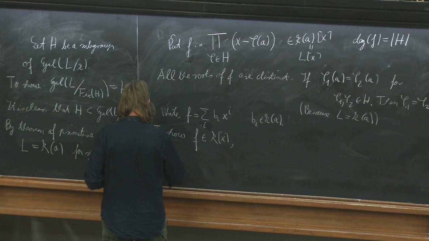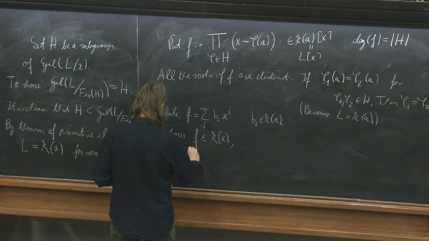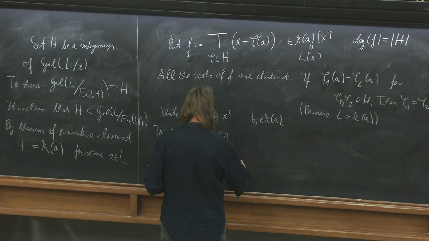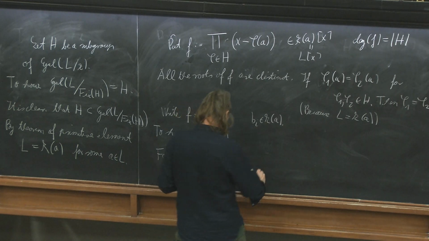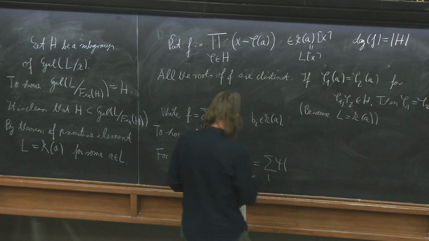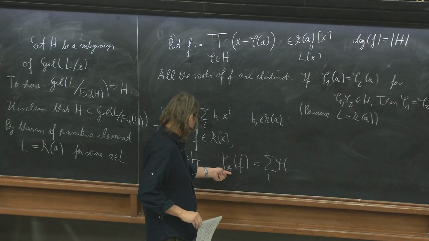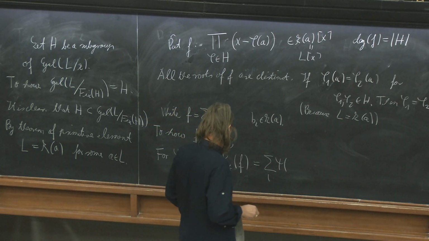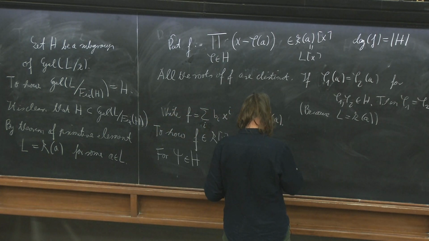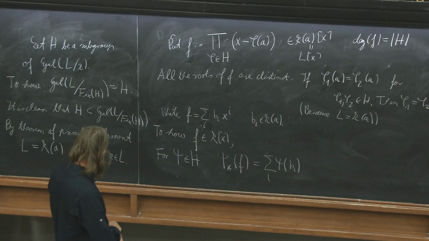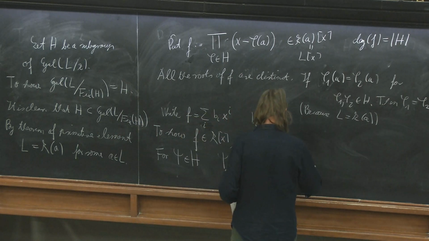So if I take an element psi in H, then I can look at psi star of F, which would just be the sum over all i of psi applied to the coefficients, psi of Bi, times x to the i.